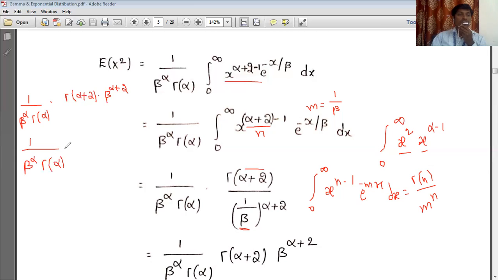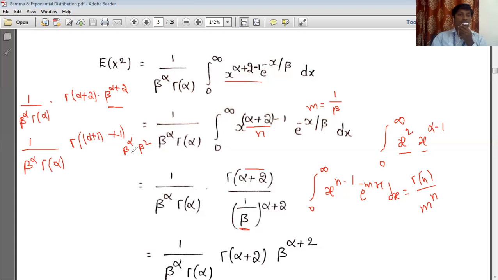And next, here it is gamma alpha plus 2. How can I write this gamma alpha plus 2? Can you write this one as gamma alpha plus 1 plus 1, and into beta power alpha plus 2? This is in the form of a power m plus n, simply we can write that as a power m into a power n. So that is nothing but beta power alpha into beta square.